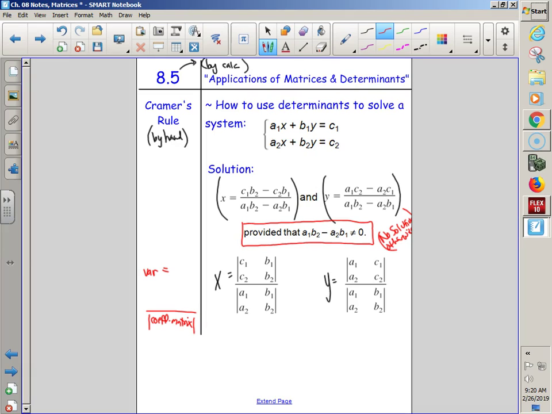Can you guys see a pattern? There's a very definite pattern as to where that numerator comes from. If you're looking for x, you move.